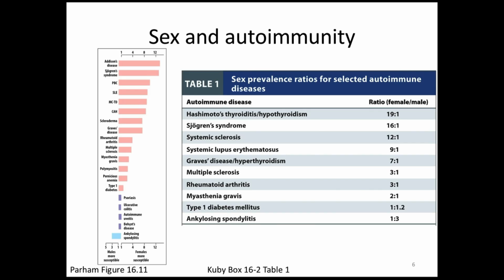But one thing that we do notice, and this was actually really the first thing that people talked about here, is that oftentimes we see autoimmune diseases in women after their first pregnancy. And so at some point after their first pregnancy, those autoimmune diseases get diagnosed. One of the things that we know is that the immune system changes during pregnancy because the fetus is foreign, and we need to not reject the fetus the way we would reject a kidney.